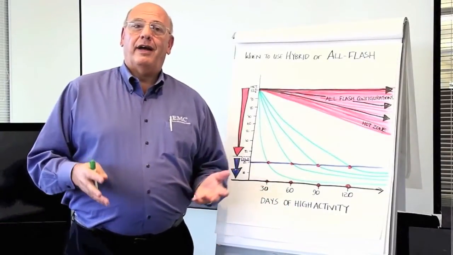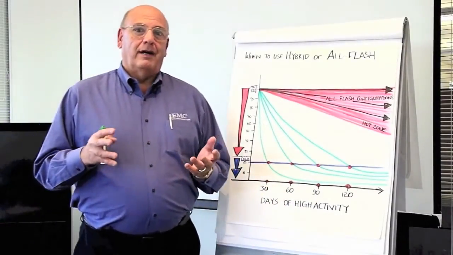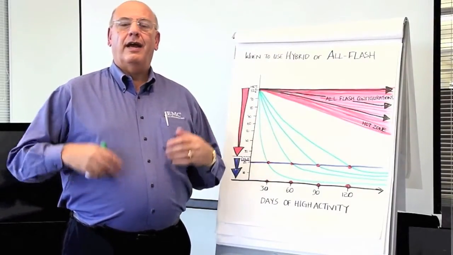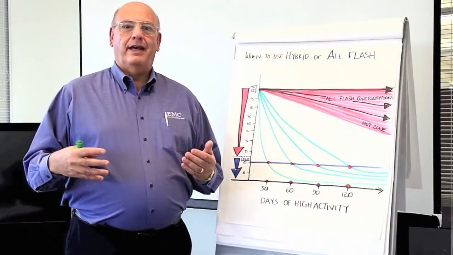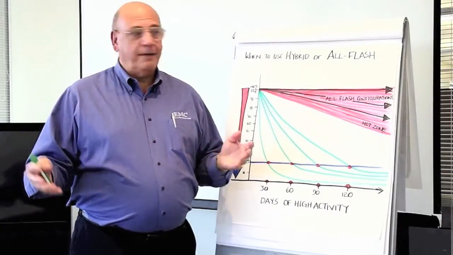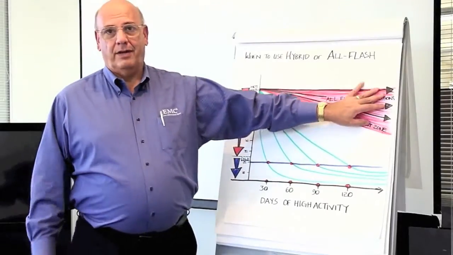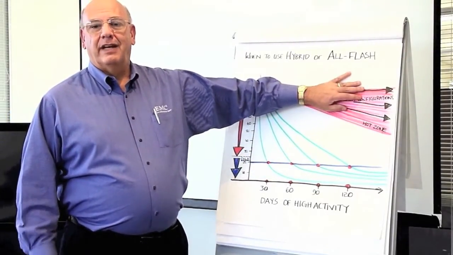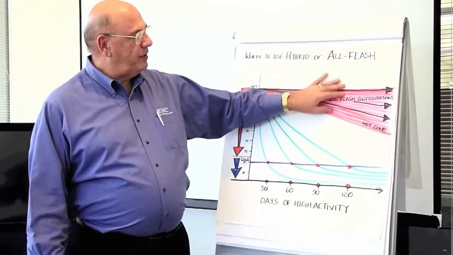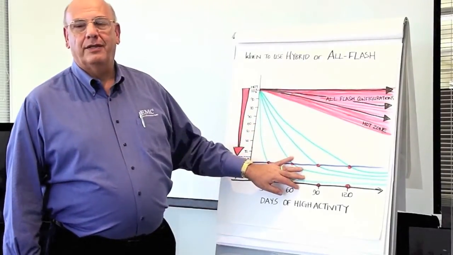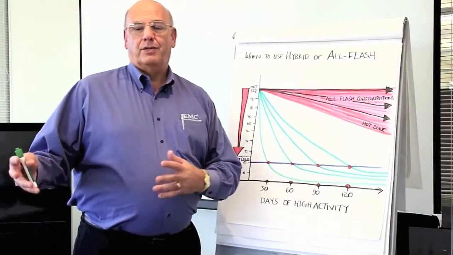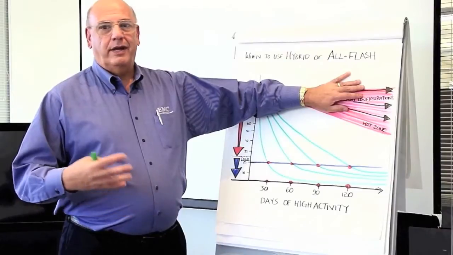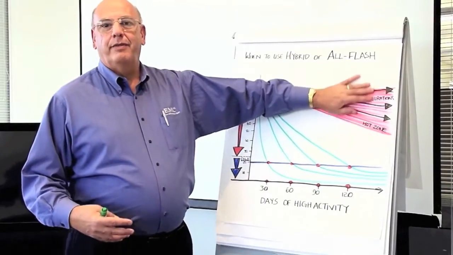But with an all-flash array, you're looking at an environment that requires very consistent performance, where you're going to have frequent access to that data over longer periods of time. This is what we call this hot zone up here. Yes, you may have some leveling off of access to that data, but it's not going to be so substantial that you need to put it on a spinning drive, because people are going to come back to that data maybe in 20 days or 30 days, and it's going to constantly be hot.